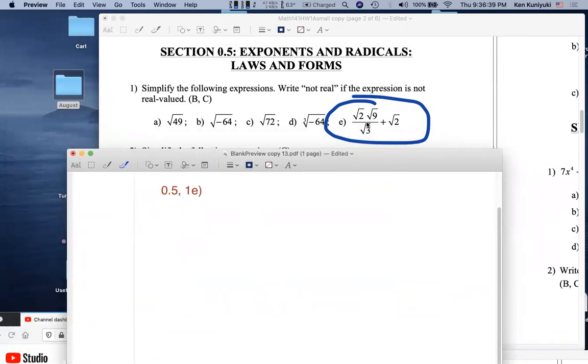Actually, right off the bat, I have an efficient thing here.